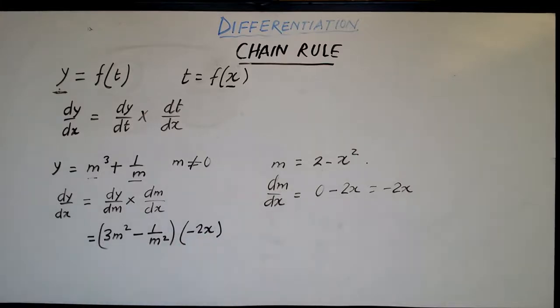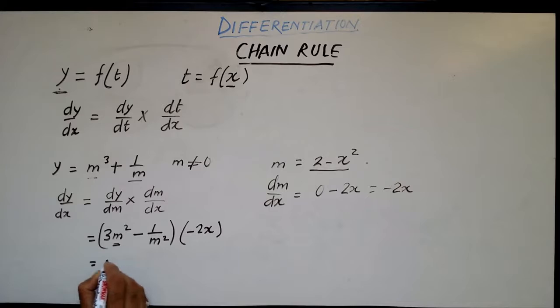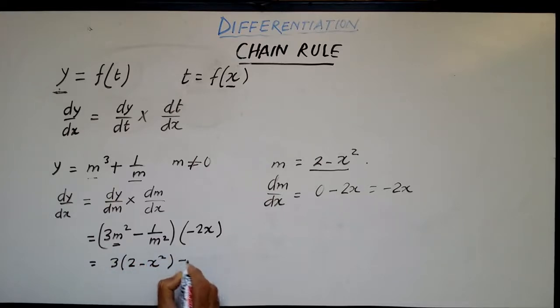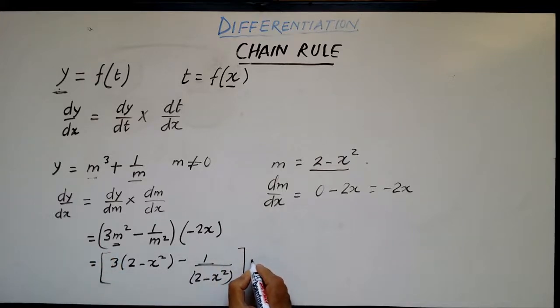Okay. Now, since this is the differential of y with respect to x, we cannot leave m as it is. So we just have to replace m by the expression 2 minus x squared. So this will become 3 into 2 minus x squared, minus 1 upon 2 minus x squared, and the whole thing will be multiplied by minus 2x.